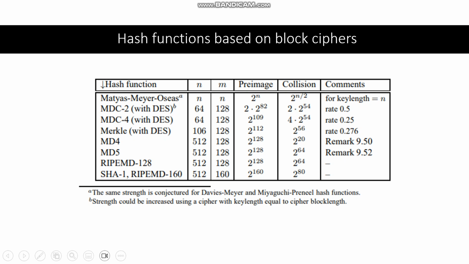And for MD4 and MD5, we will talk later. Here, for the Meyer hash functions and MDC2 hash functions, you can see the symbols A and B. A means that the same strength is conjectured for the Davies-Meyer and Preneel hash functions. For the B symbol, it means that strength could be increased using a cipher with key length equal to the cipher block length.